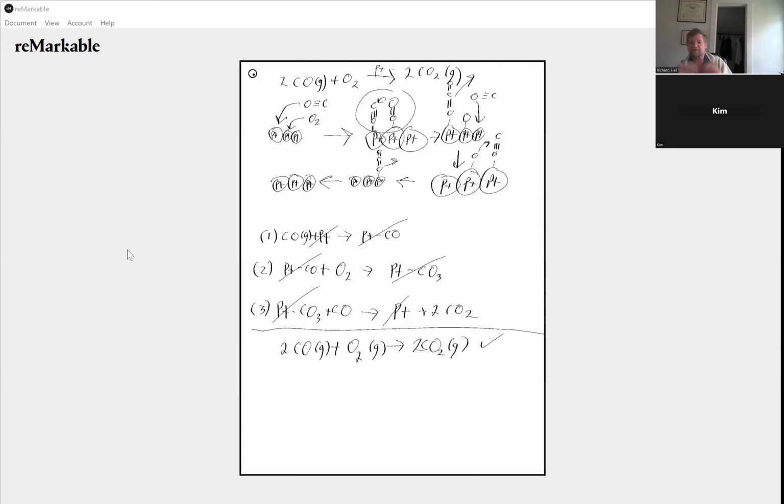The catalyst is speeding up the reaction by providing an alternate pathway for the reaction to occur. That's what catalysts do. They don't change the reaction. They don't cause reactions that occur if they don't occur naturally. The only thing the catalyst can do is to provide an alternative pathway to the chemical reaction.